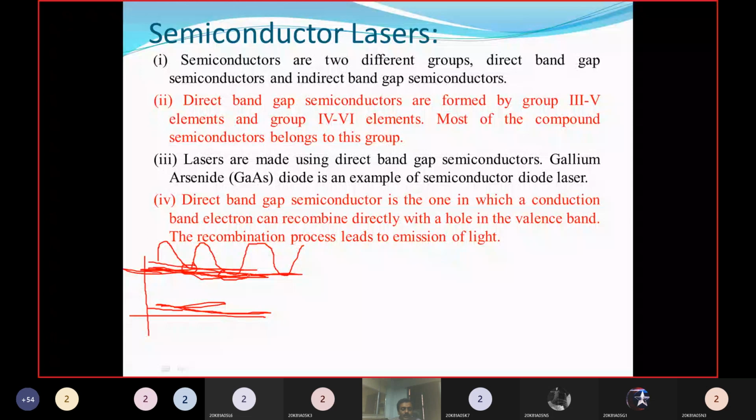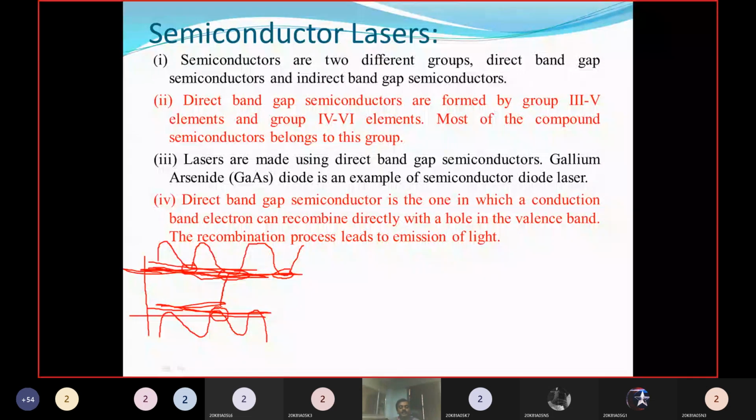Similarly, holes will be present in the valency band. This is the highest energy level of the hole. If the lowest energy level of the electron coincides with the highest energy level of the hole, then a transition will occur, and in that transition a direct band gap will occur.